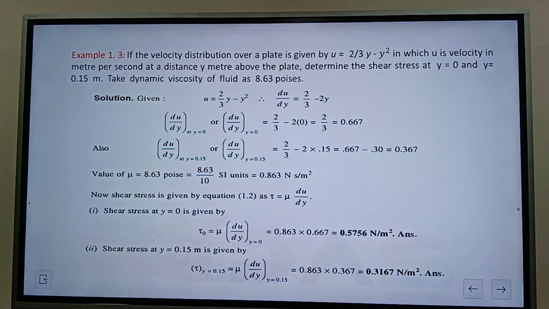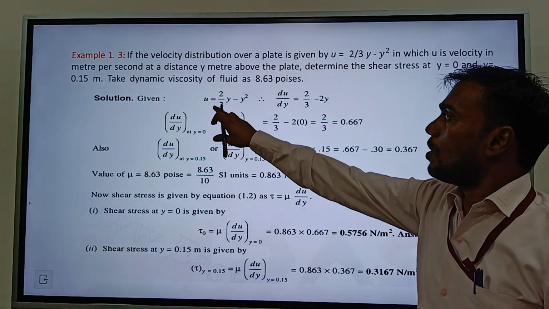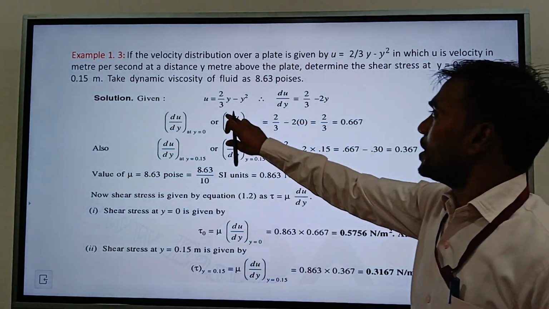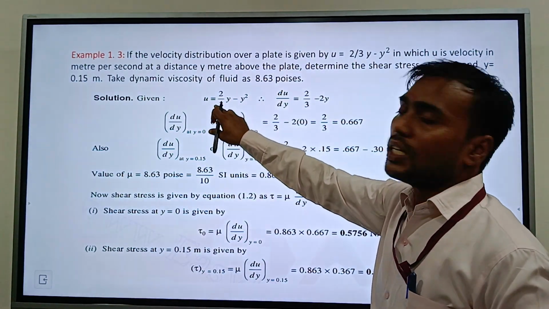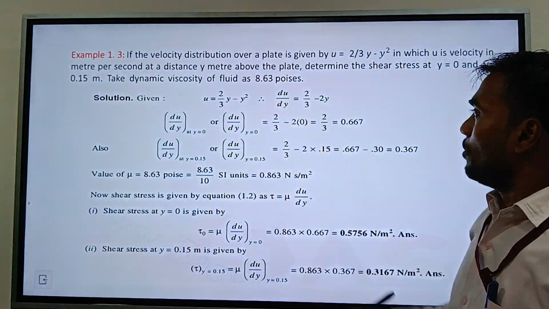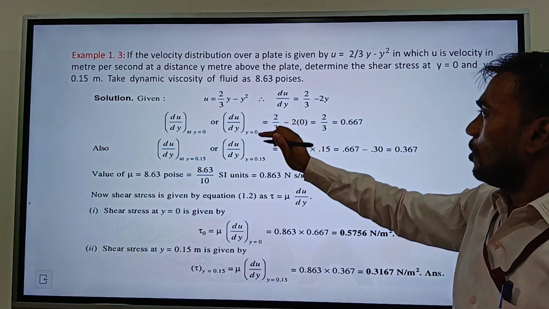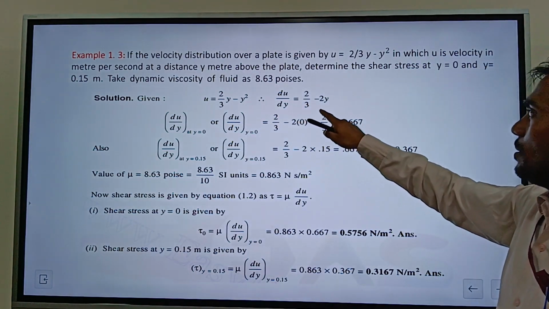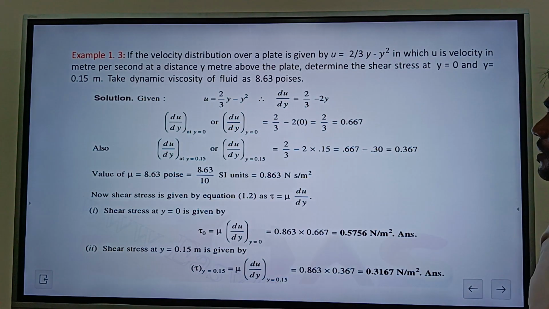u equal to 2/3 y minus y square. So how can one get the value of du by dy? If you differentiate these terms with respect to y, it will become 2/3 minus 2y.